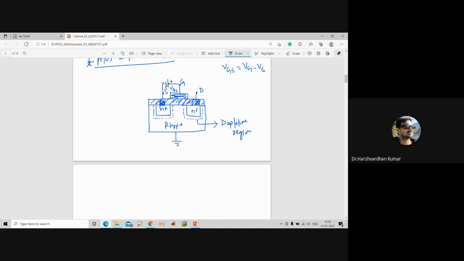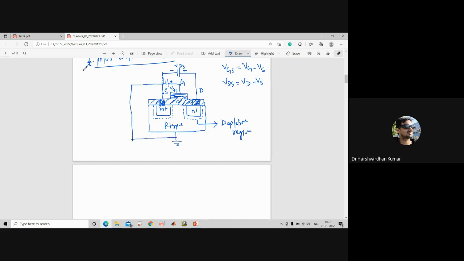Now let us talk about VDS. Another voltage is VDS, which is equal to VD minus VS, where VD is positive and VS is negative. Overall, we will connect to the substrate, or you can say the body terminal.